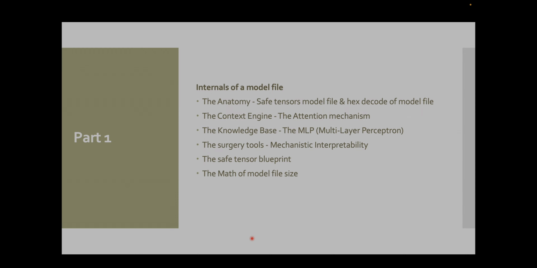So I've divided this into three parts. These are the topics that I explored when I was experimenting around the model. Part one will mostly cover the internals of a model file, like the actual safetensors model file, then a couple of tools around it, and the blueprint of it.